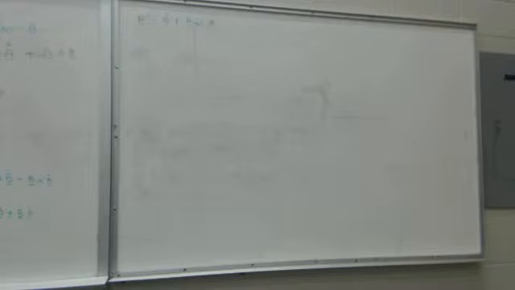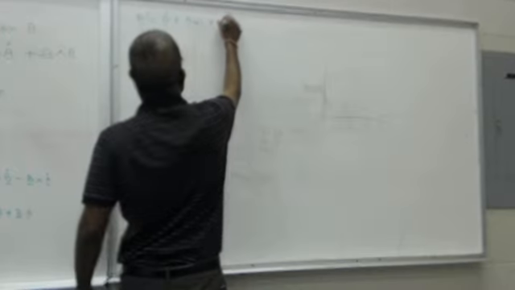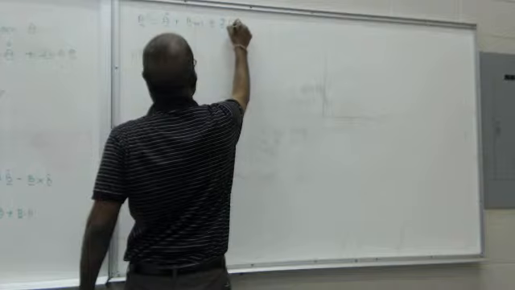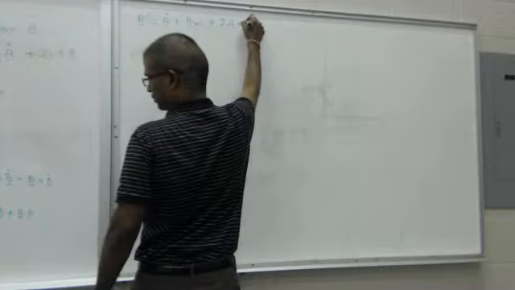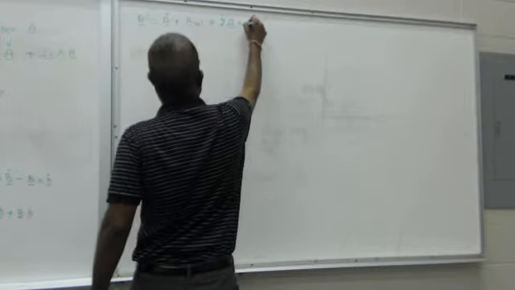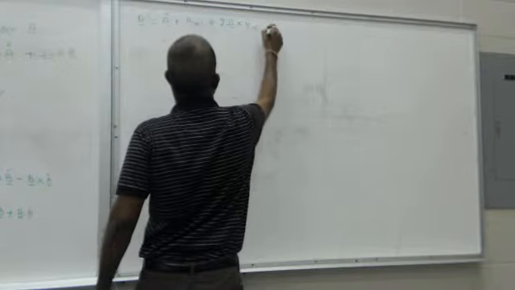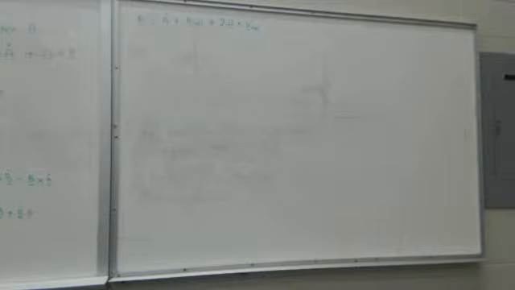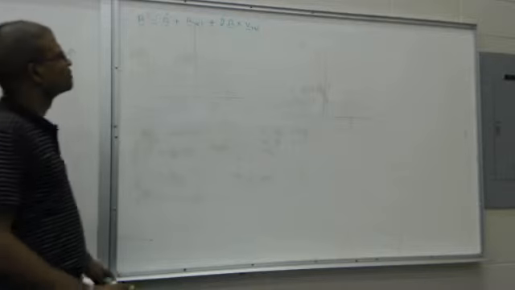So 1 and 1. It's the same thing. It's 2 times omega cross with v relative. You with me?